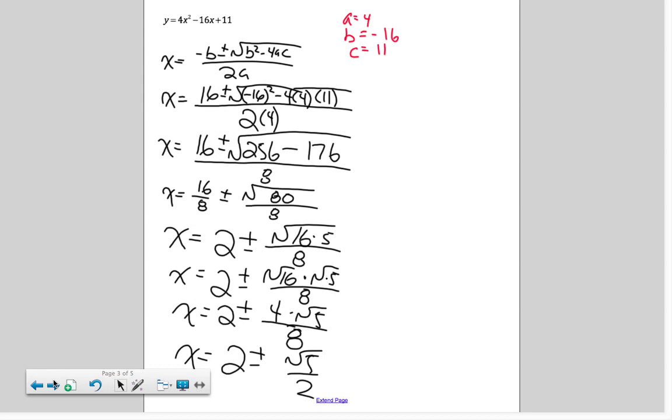Okay, I just need your attention for 2 more minutes, please. This is the quadratic formula. The answer is 2 plus or minus the square root of 5 over 2, because this is going to answer your question, Jimmy.